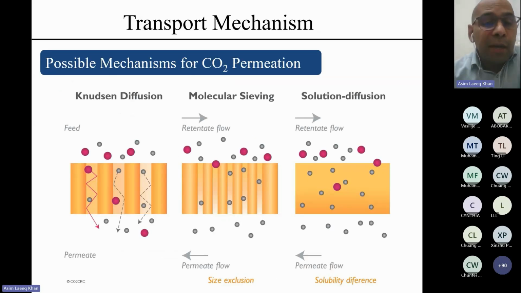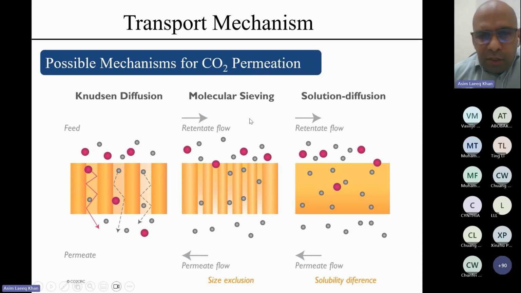In order to achieve this criteria of a highly permeable, highly selective, and robust membrane, it is important to look at the transport mechanisms through which we control the permeability, selectivity, and robustness of the membrane. Generally, for CO2 permeation, there are three different dominant transport mechanisms. Either it is Knudsen diffusion, in which the molecules collide with the walls of the pores and pass through.